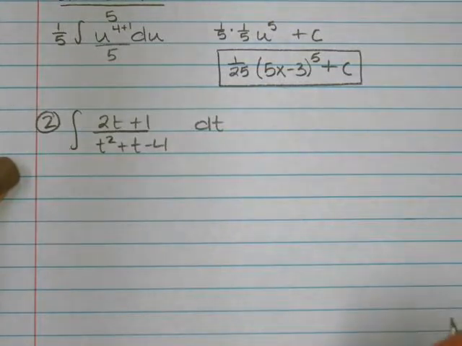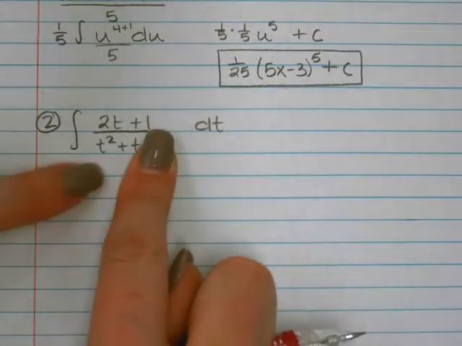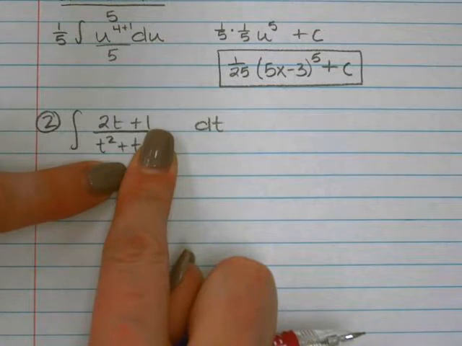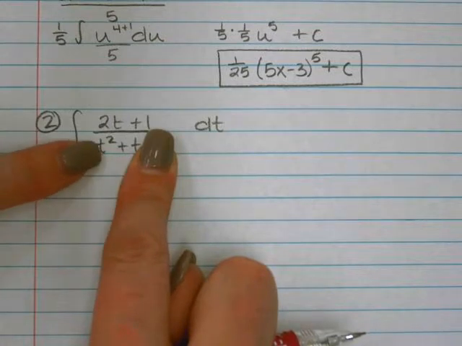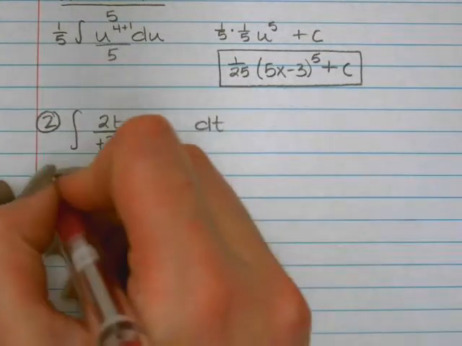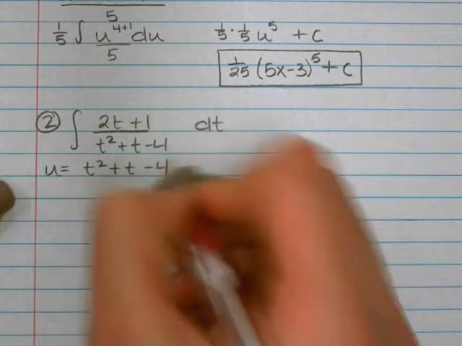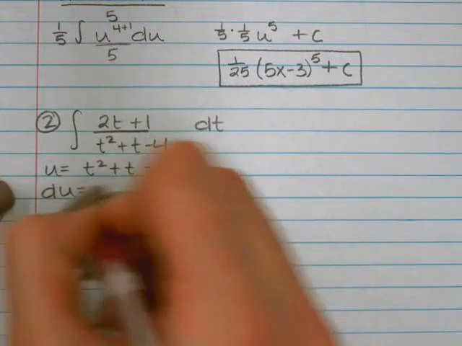So when you look at this, you have to figure out which one is going to be the u and which one is the derivative of u. And when I look, I can see that t squared plus t has a derivative of 2t plus 1. So I can see that the bottom is what should be the u, and the top is the derivative of that.